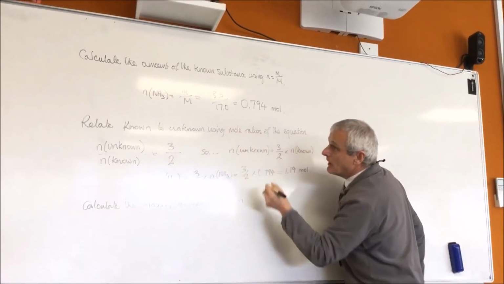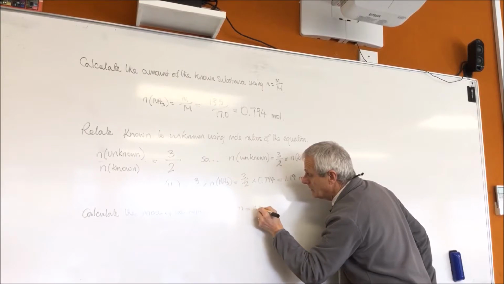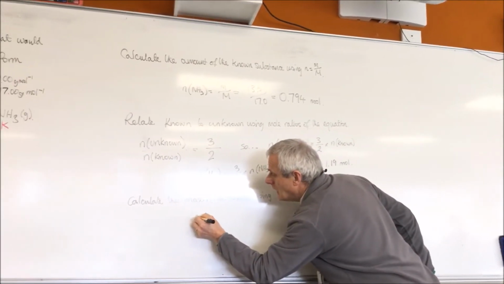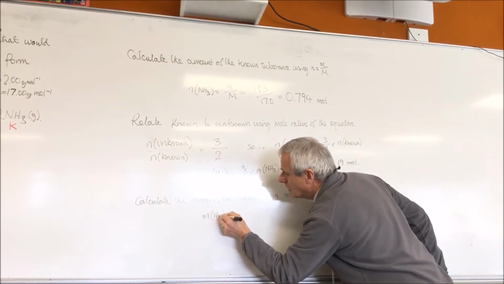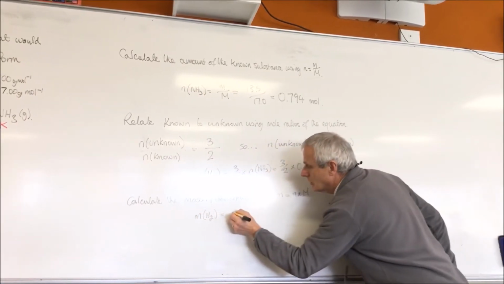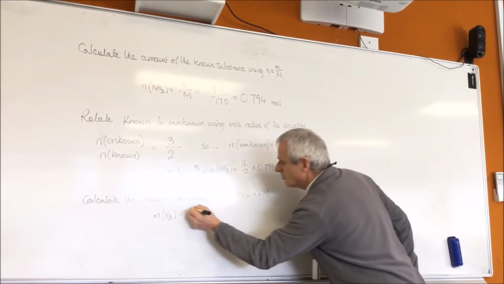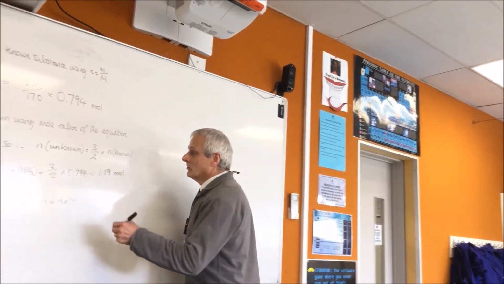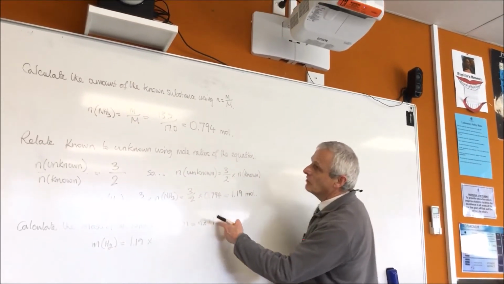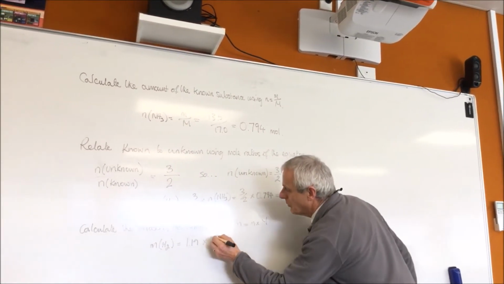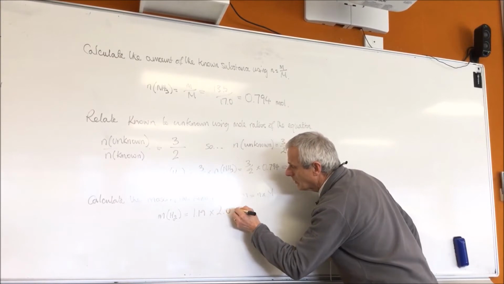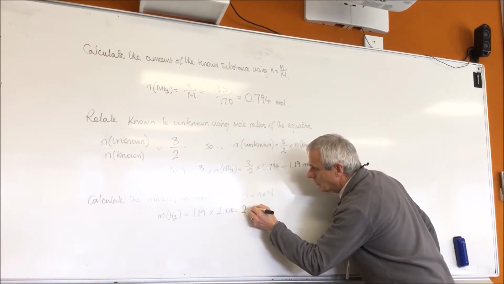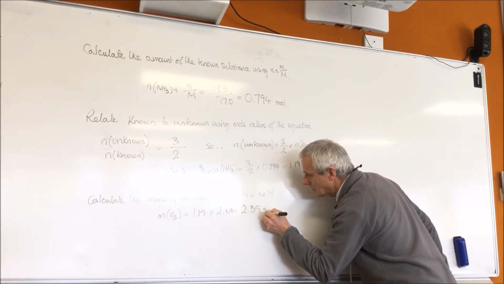Now we've got that, we can calculate the unknown mass. We've got the rearranged version up there, which is n times big M. So m of H2 is equal to the number of moles, 1.19, times the molar mass of hydrogen, which we've got up there as 2.0. So that is 2.38 grams.